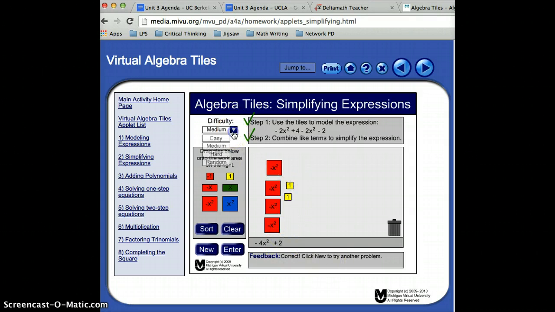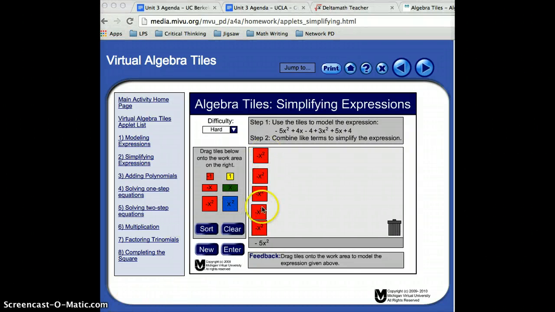Okay. If you're feeling really like you can handle it, please try the hard problems, right? Negative 5x squared, positive 4x. Okay. Negative 4.